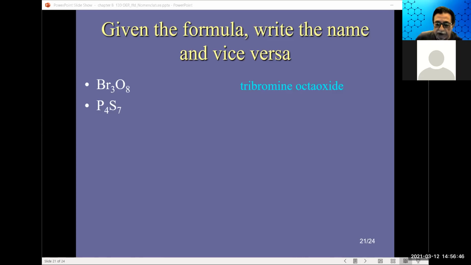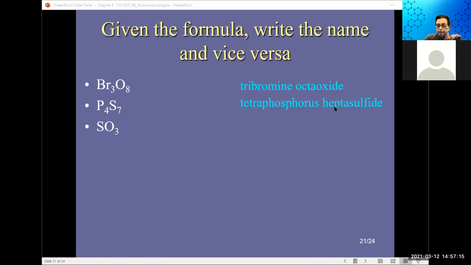Come on, what's the prefix for 4? Tetra, right? And the prefix for 7, hepta. So hence, the base name is phosphorus sulfide. Add the prefixes. You end up with tetraphosphorus heptasulfide. Okay.